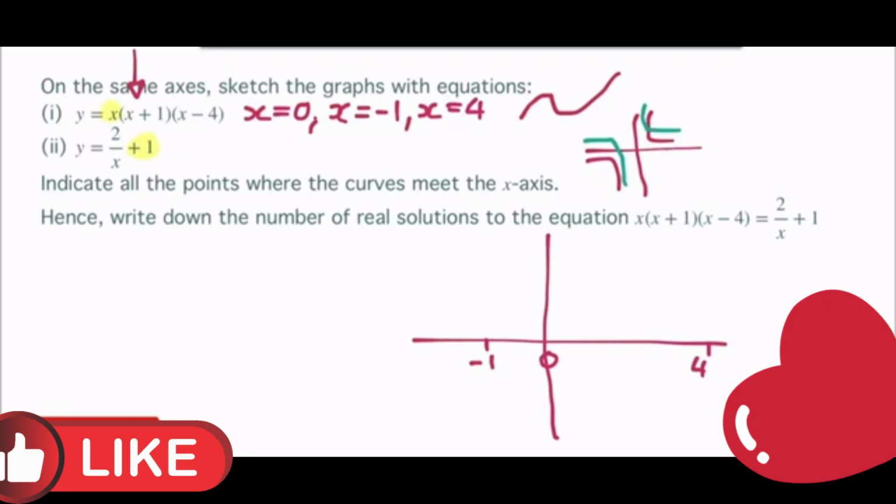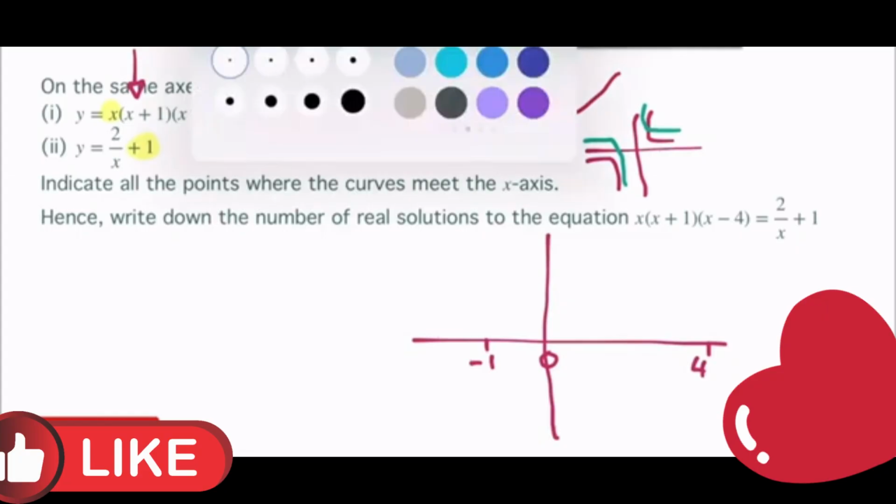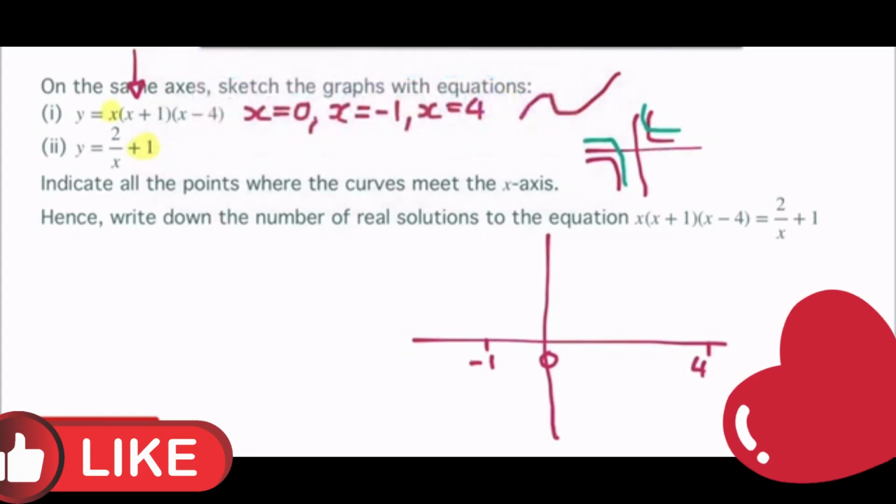Now in terms of actually drawing this, before I draw the sketch, again I just want to know where it crosses the x-axis, because I don't want to have to redraw my sketch twice. So let's figure out where it crosses the x-axis, and that's easy enough to do because we can just set y equal to 0. Remember that from coordinate geometry. If you ever want to find where a graph crosses the x-axis, just put y equals 0 in.